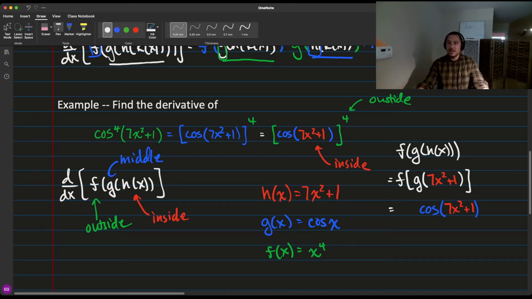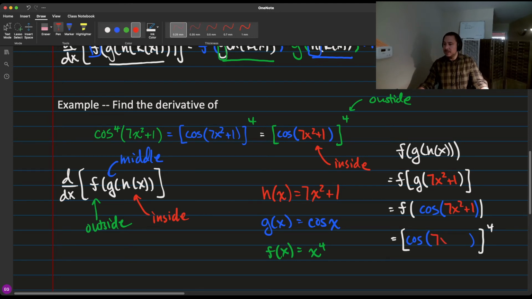And then don't forget that all of that was in the f. Now what does f do to anything? It takes it and raises it to the fourth. What are we raising to the fourth? The cosine of 7x squared plus 1. So you can see that that matches with what I started with, right? That's how I know that I chose the proper f, g, and h.